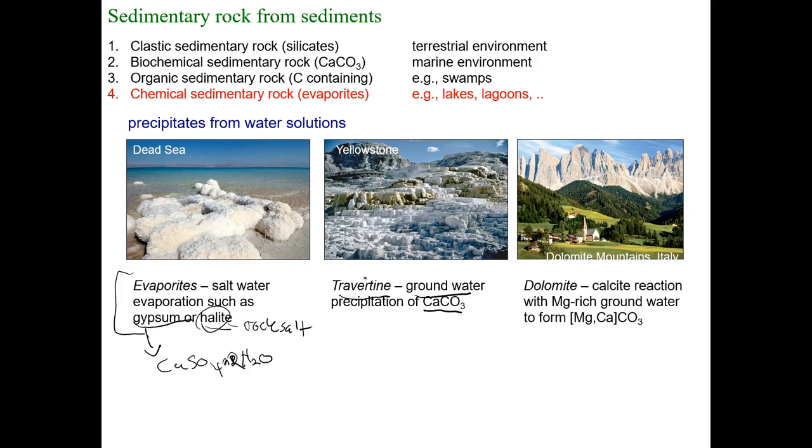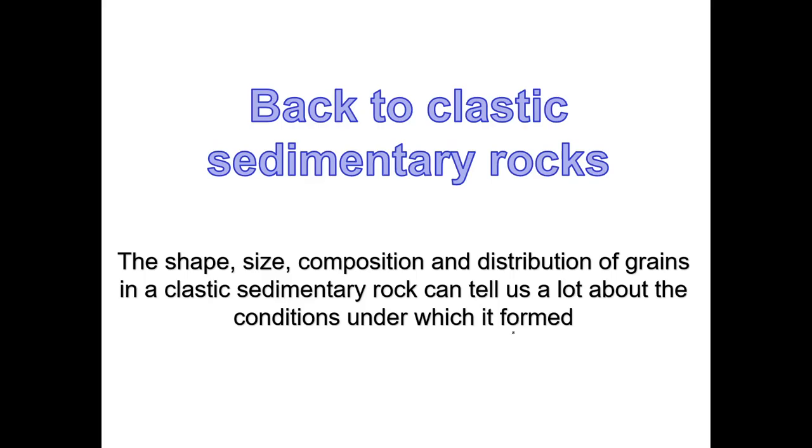That's all travertine is. It's just millions of years of hydrothermal, hot spring water flowing through the rocks, and it leaves behind mineral deposits that build up. So kind of cool. Dolomite is also a chemical rock. It's magnesium calcium carbonate. And I think that's all I have to say about that.